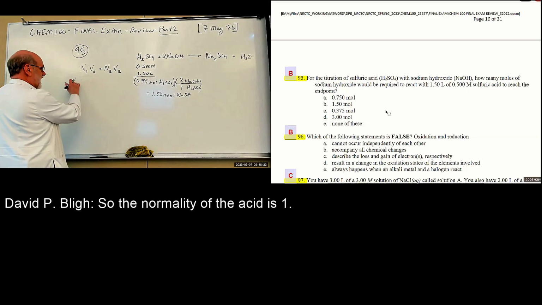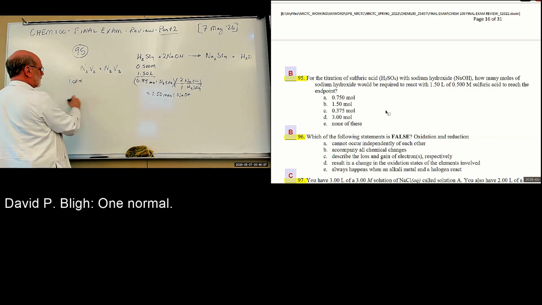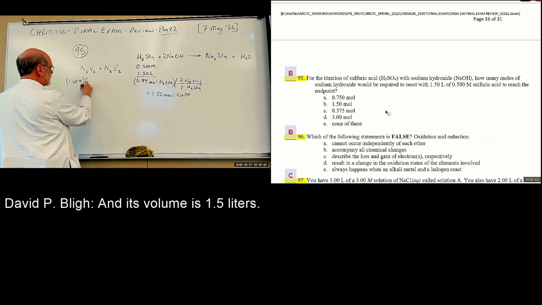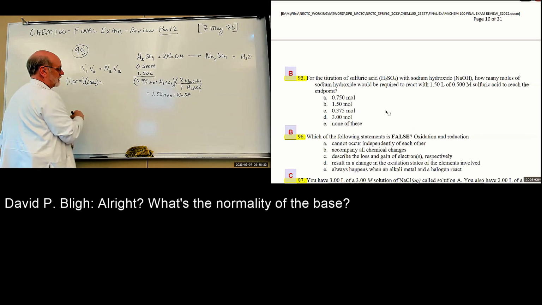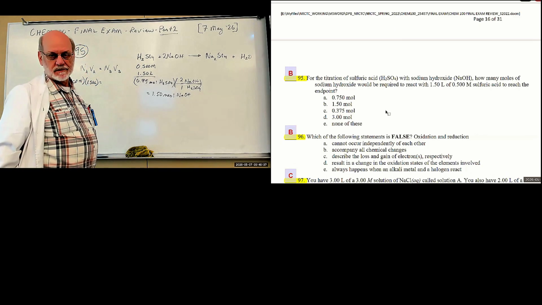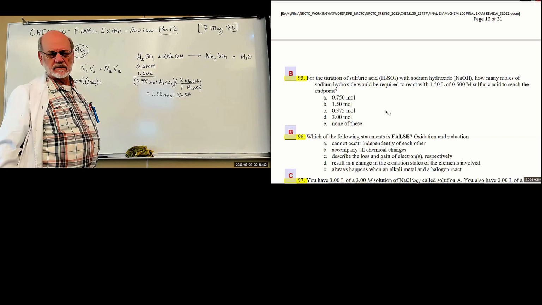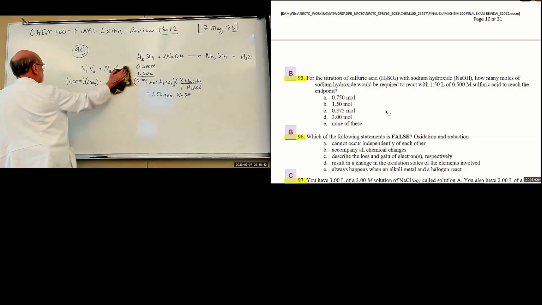So the normality of the acid is 1 normal, and its volume is 1.5 liters. All right, what's the normality of the base? Oh, we don't know that. Okay, never mind. We can't use it.